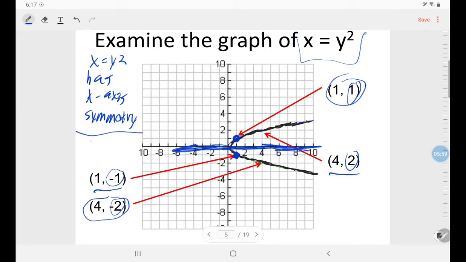So for x-axis symmetry, you change the y into negative y, and the x stays the same. When we're talking about y-axis symmetry, if you replace x with negative x, it has no effect on the value of the function. For this x-axis symmetry, when you replace y with negative y, you still get the same result.